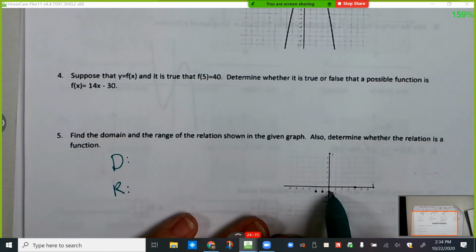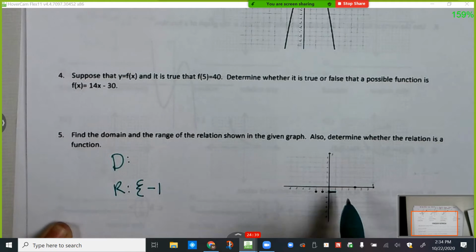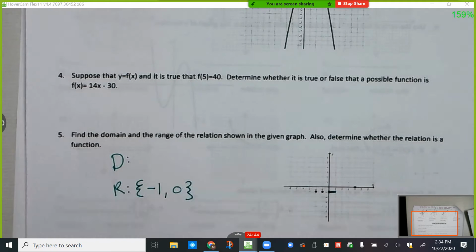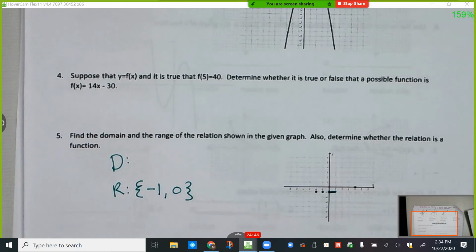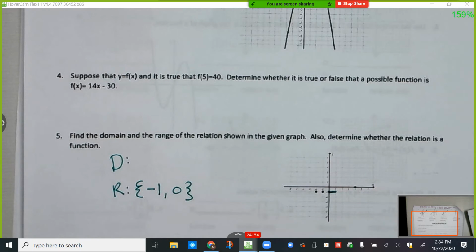What's the height of all 3 of these dots? Negative 1. Okay, and what's the height of the one other dot? 0. There's your range. You don't write negative 1, negative 1, negative 1, 0. You just write negative 1, 0. Because see how all 3 of these dots are at a height of negative 1? That's why. And then this dot is at a height of 0.